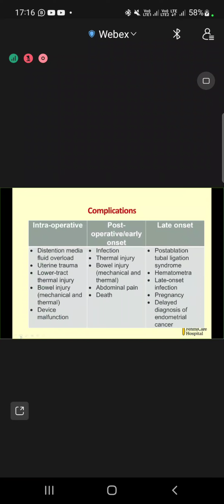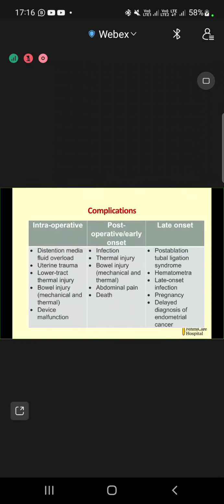In general, comparing all the procedures, what are the complications with endometrial ablation techniques? Some are intraoperative, some are immediate postoperative, and a few are of very late onset. Intraoperative complications, especially when you are using media in transcervical endometrial resection, are fluid overload and energy source complications.